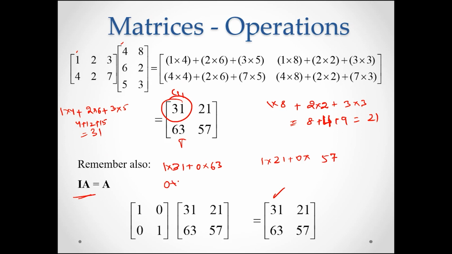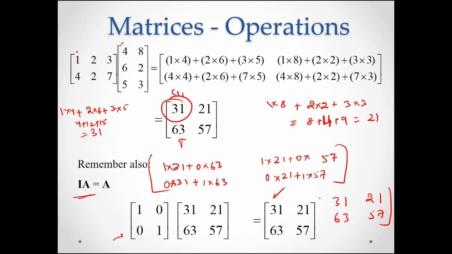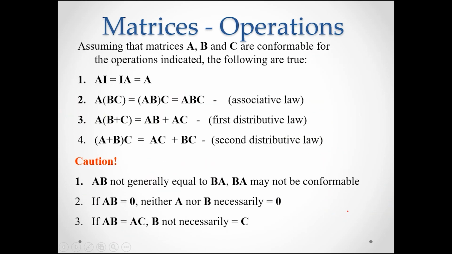Second will be 0 cross 31 plus 1 cross 63. Similarly, we have 0 cross 21 plus 1 cross 57. So the output is 31, 21, 63 and 57.